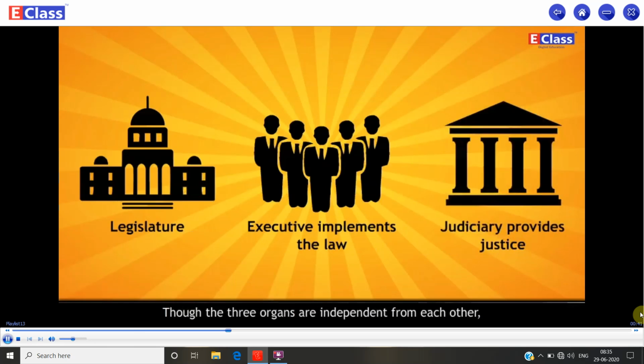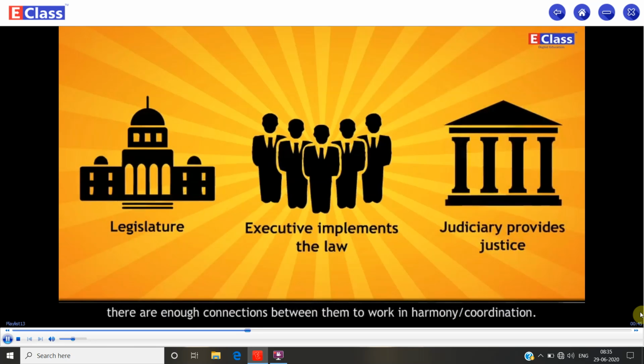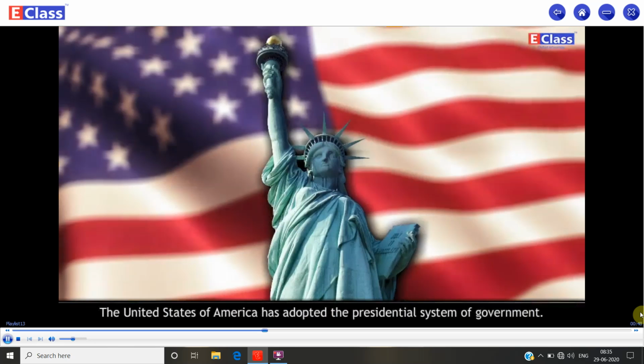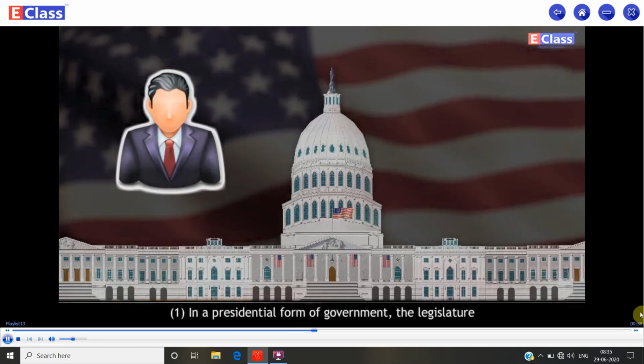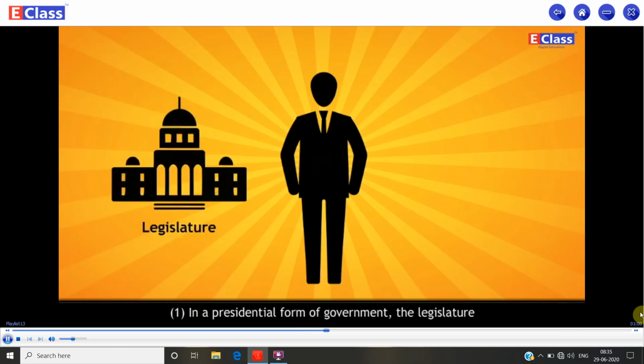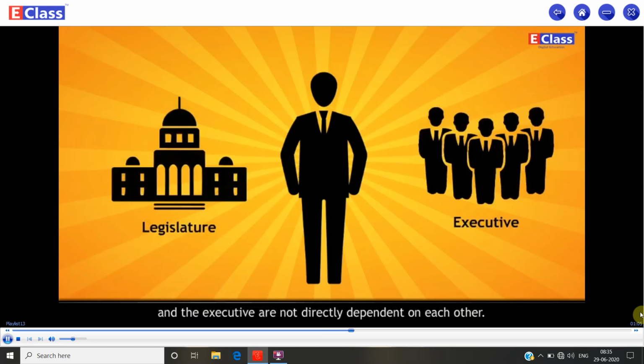Though the three organs are independent from each other, there are enough connections between them to work in harmony and coordination. The United States of America has adopted the presidential system of government. These are some features of this system of government. In a presidential form of government, the legislature and the executive are not directly dependent on each other.